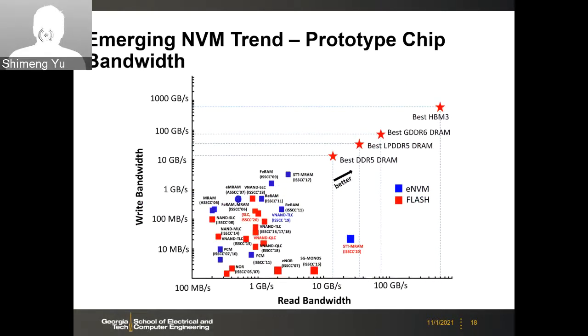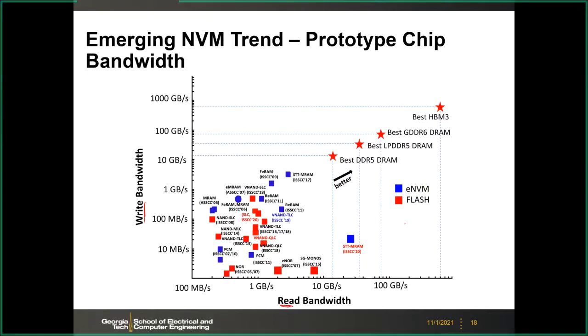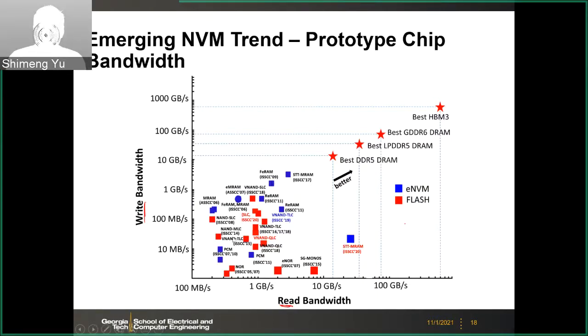And then the bandwidth for the write and the read. Here you see the data points from the prototype chips reported in the ISSCC. I believe the red ones are the flash, and flash is slow, right?